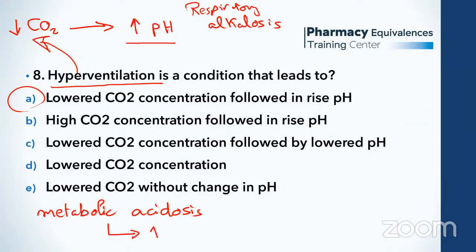An increase in carbon dioxide level. This increase in carbon dioxide level leads to what in the pH? It will decrease the pH of the blood. The body, as a compensatory mechanism, tries to exhale carbon dioxide as much as possible. So what will happen for the lung?